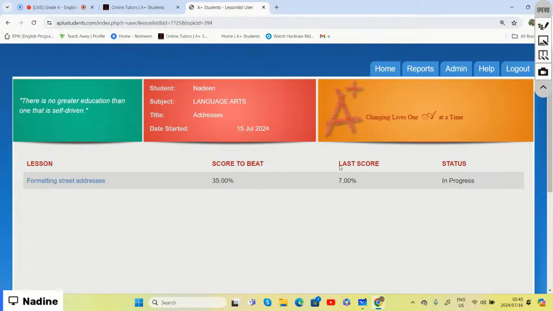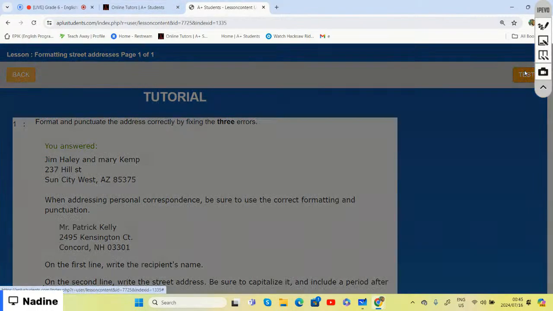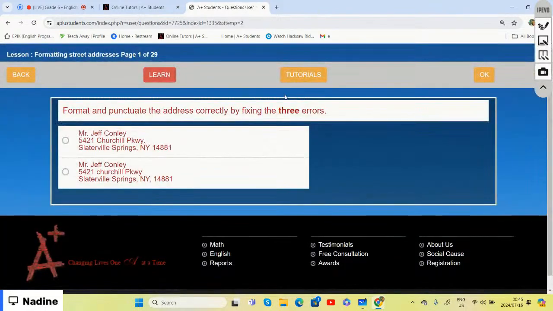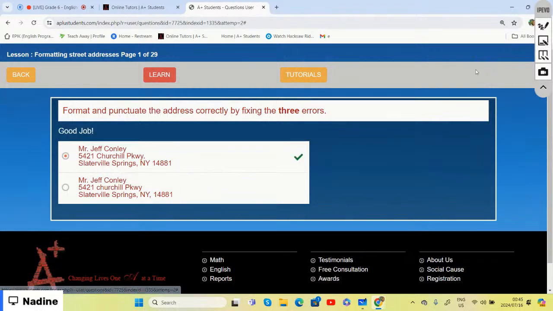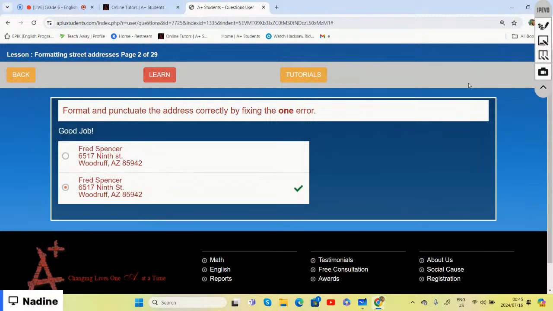Oopsie, why did I go out? Just give me 1 second. I went out of it now. We see that the first one was correct there, and then we said I think it was the second one. Yes.